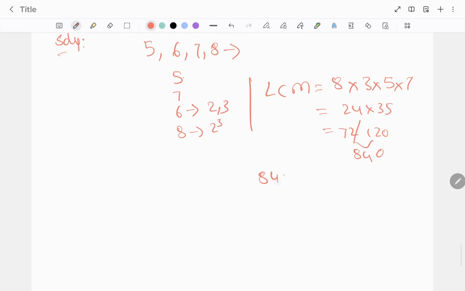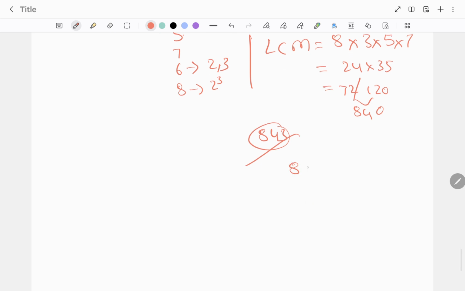Actually many people will say 843 is the answer. But see, is this number divisible by 9? No. Then what to do? We have to write this number as 840k plus 3. Now what is the k value so that it is divisible by 9? Till 810 it is divisible by 9.